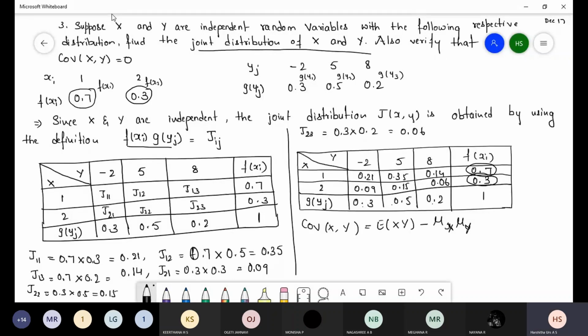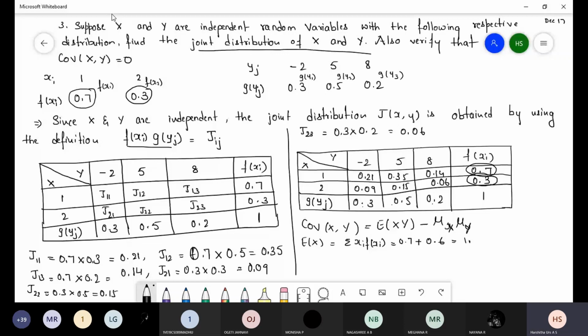First we find E of x. E of x is equal to sum of xi into f of xi. From this distribution, 1 into 0.7 is 0.7 plus 2 into 0.3 is 0.6. When you add, we get 1.3.